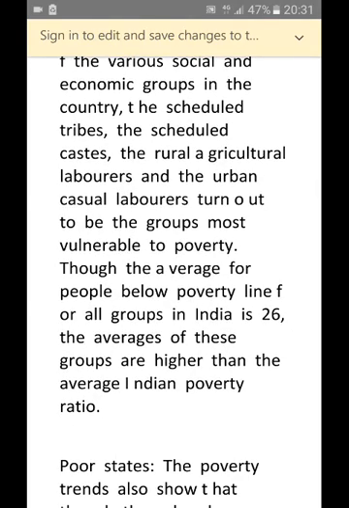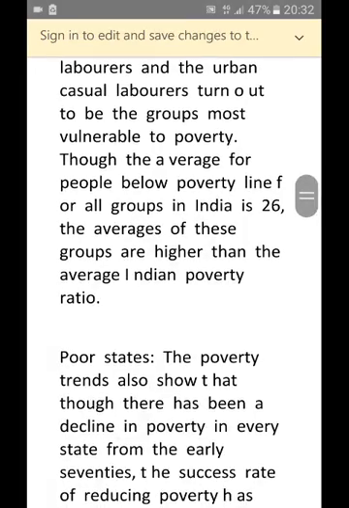Though the average for people below the poverty line for all groups in India is 26%, the averages of these groups are higher than the average Indian poverty ratio.